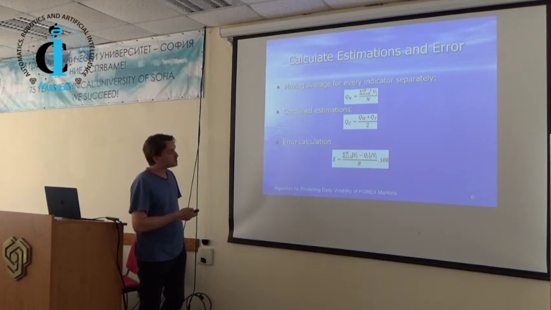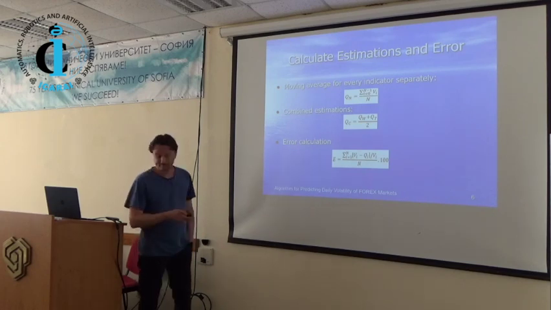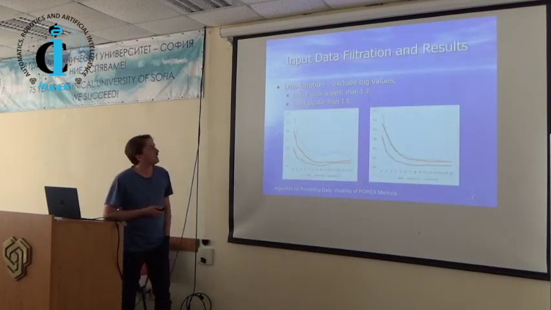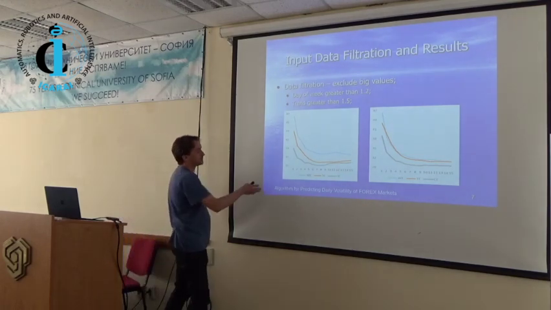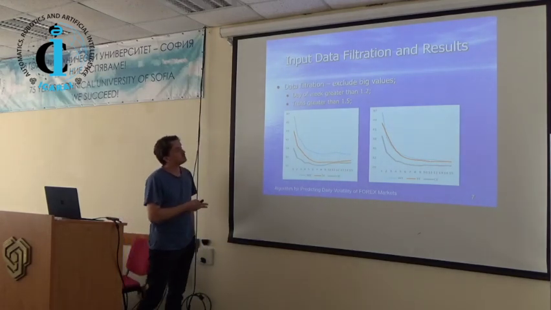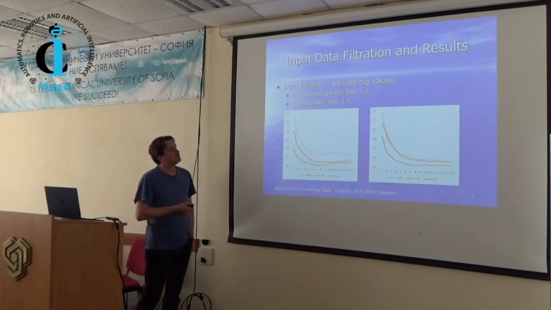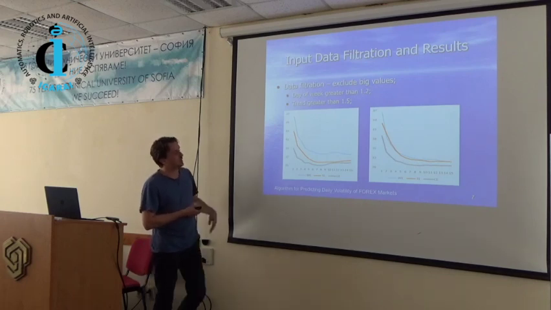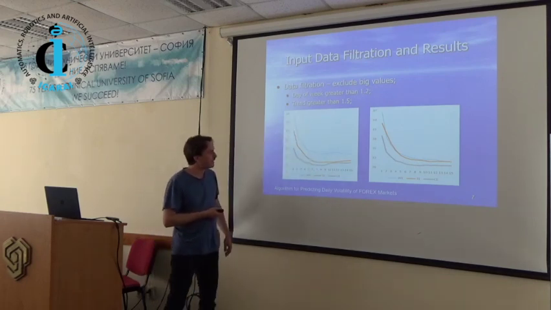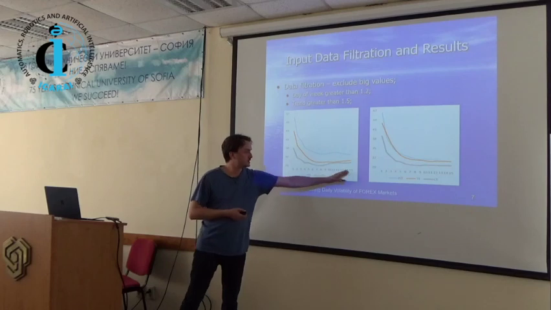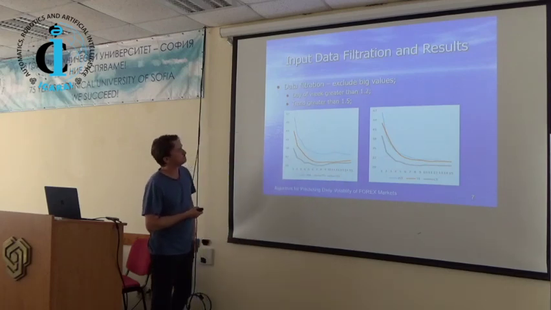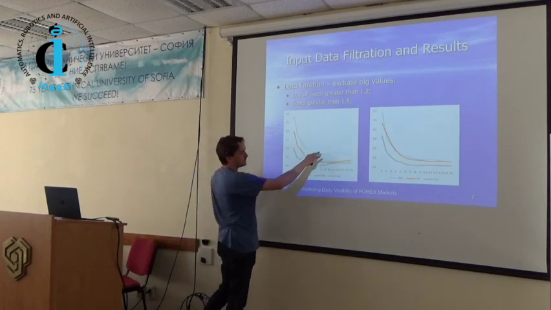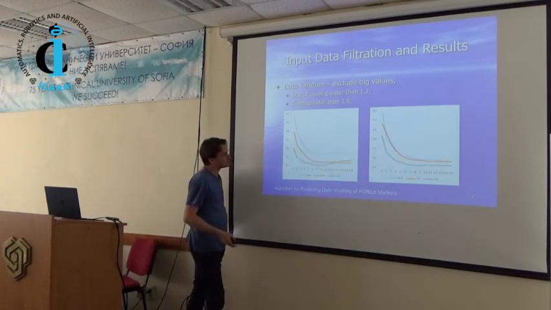So, what are the results? On the first picture, you see in blue the accuracy of the week of the day indicator. This is the error, and this is the number of the periods. So you see here the optimal values.